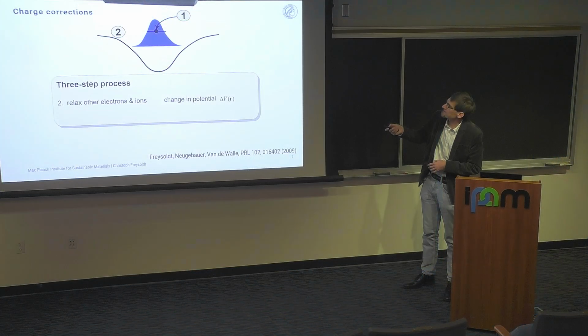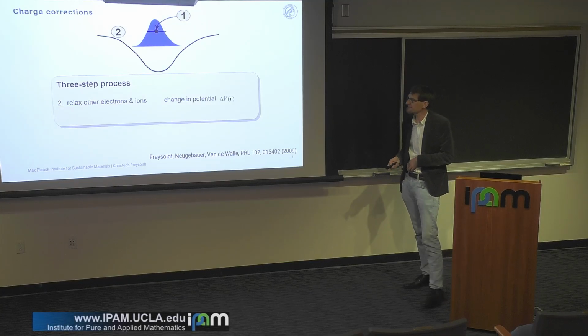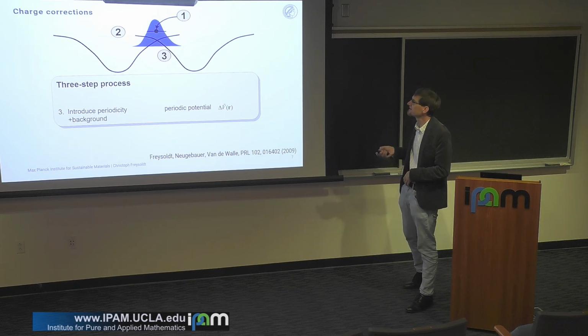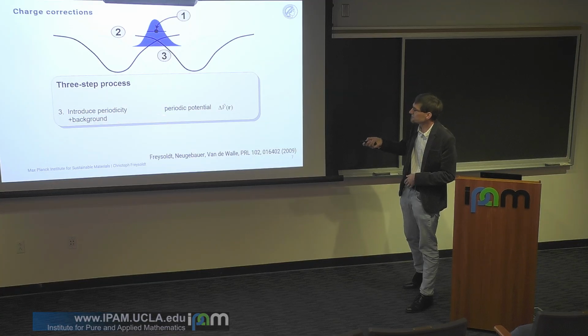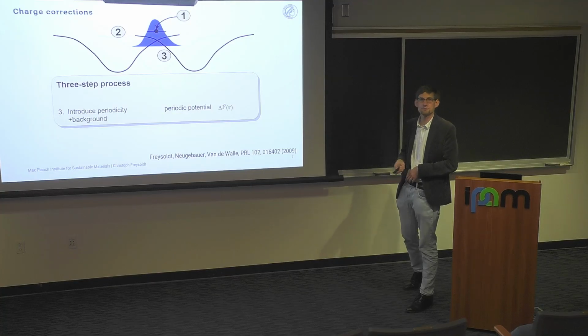Now that, in principle, can be done also for an isolated defect. However, we have periodic boundary conditions, and that is the third step. After we have understood how to treat electrostatics, we introduce the periodicity and the background, and we get a periodic potential, which is essentially just the superposition of these isolated potentials.